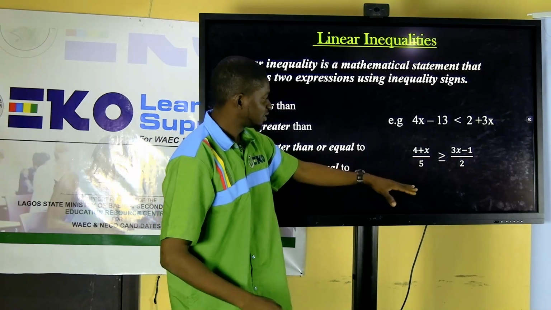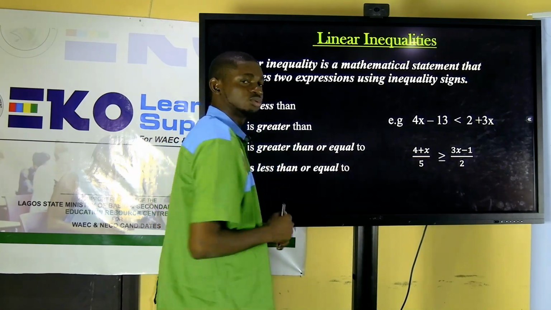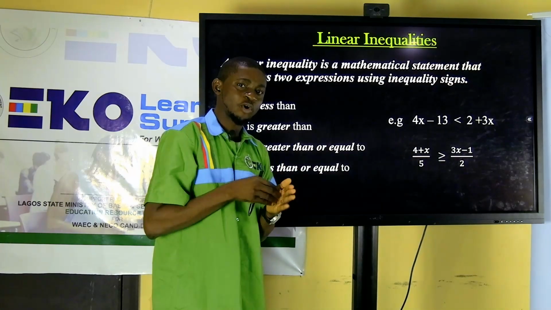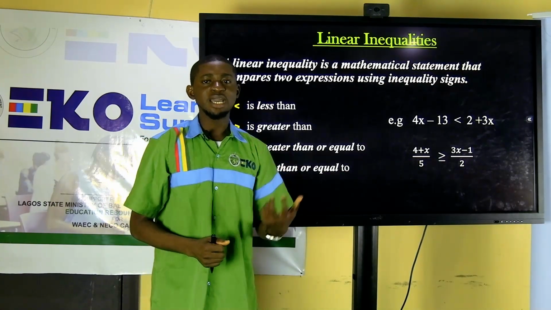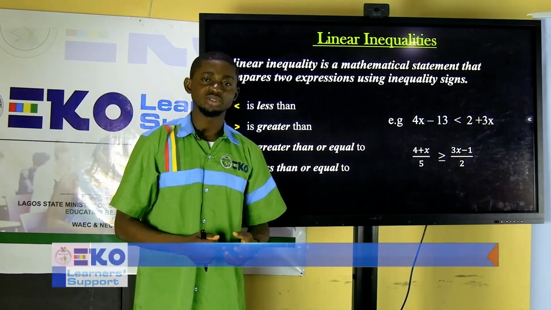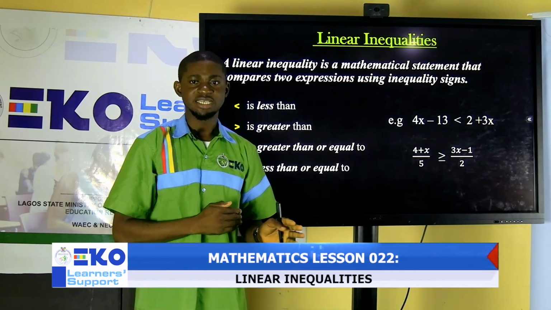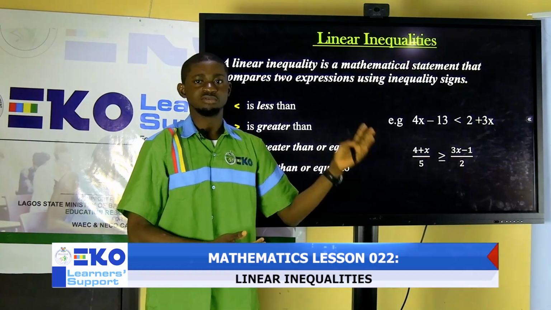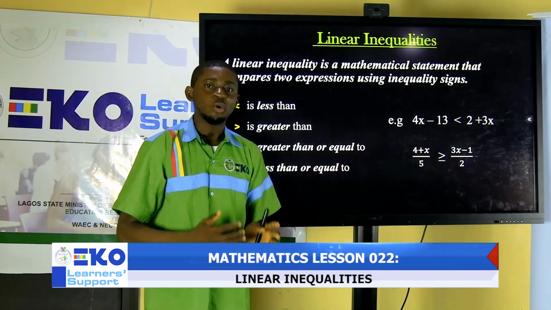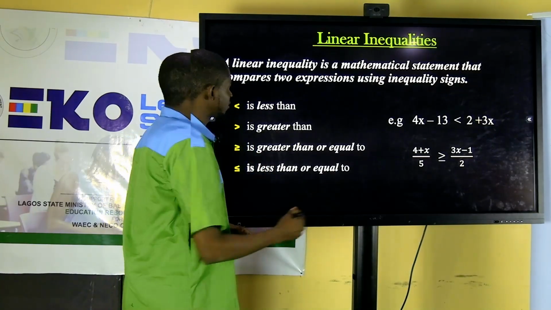Same as this, that is, this left hand side is greater than or equal to the right hand side for a particular value of x. Unlike linear equation, where we have just one value that satisfies x, in linear inequalities, we may have range of values because we are comparing. We are not looking for exact unique solution.